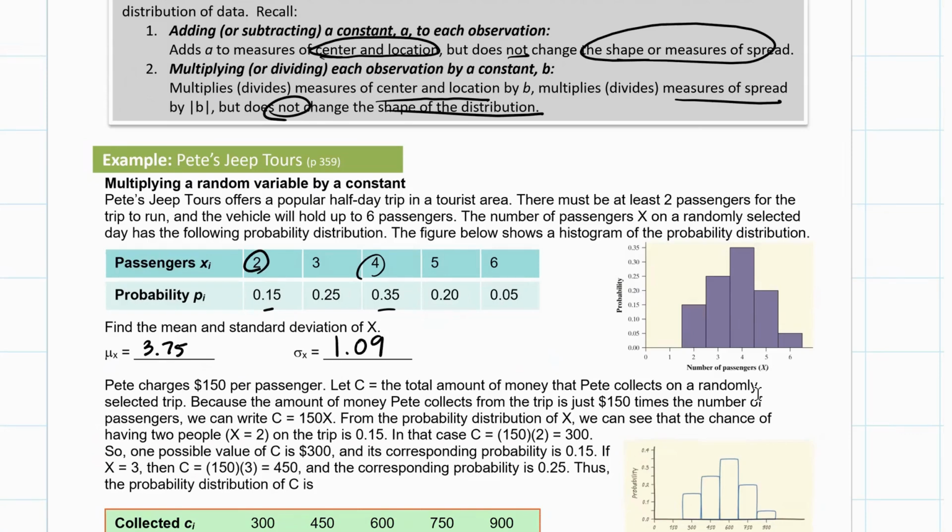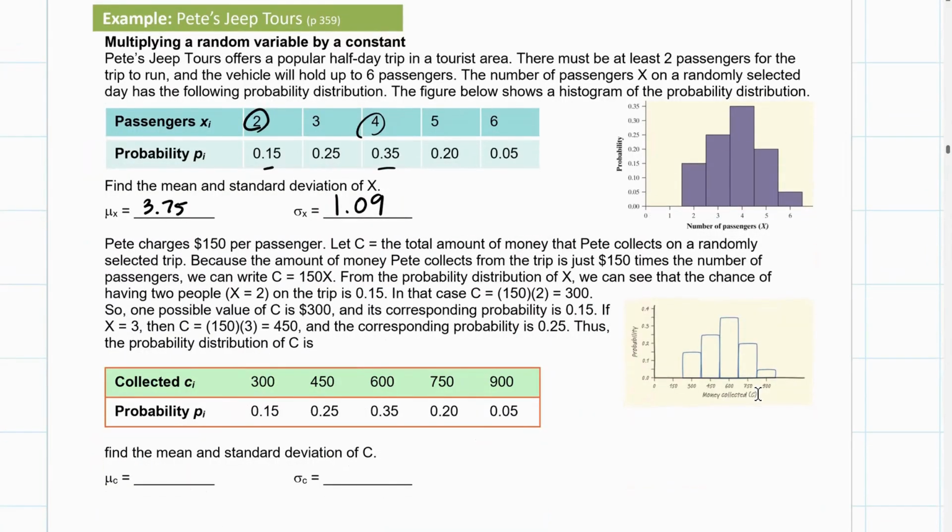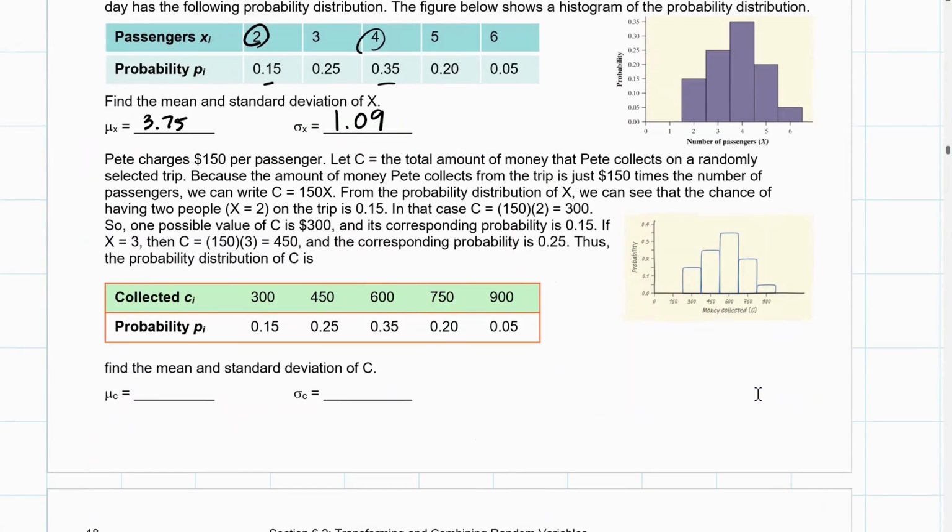Those are all things we've done before. But now, what if we did a linear transformation? Pete charges $150 per passenger. Let C be the amount of money that Pete collects on a randomly selected trip. Because the amount Pete collects is 150 times the number of passengers, we can write C = 150x.